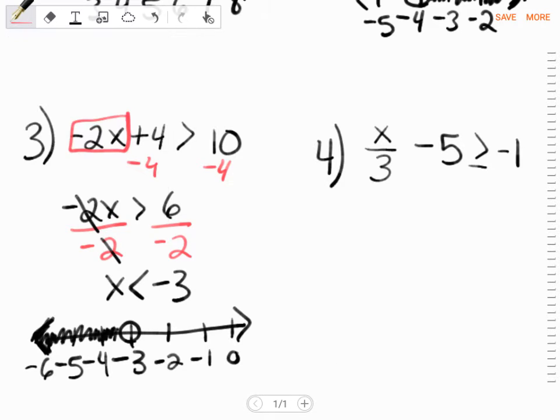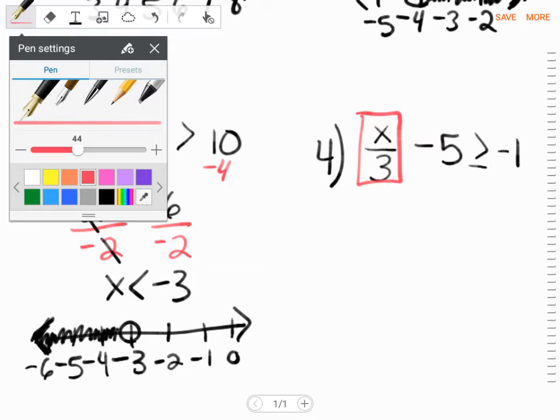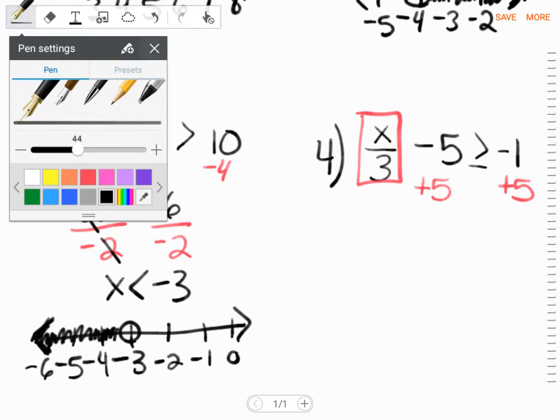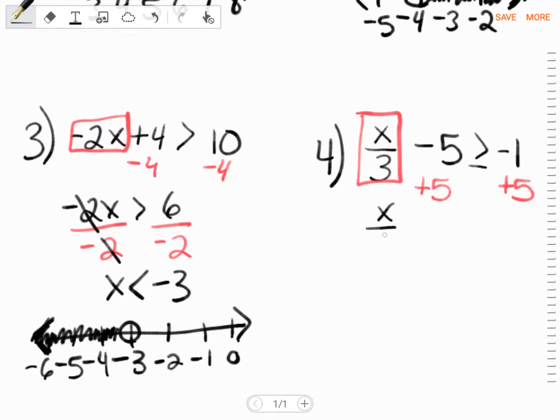My last one over here is also two-step. I still want to get this guy by itself. So I'm going to go ahead and do my inverse. Switch back to my red. My inverse of the minus 5, I'm going to add 5. Okay. I will end up with x over 3 greater than or equal to 4.